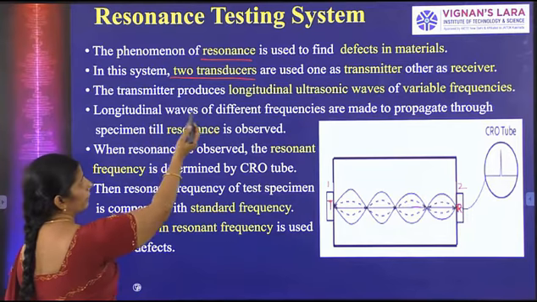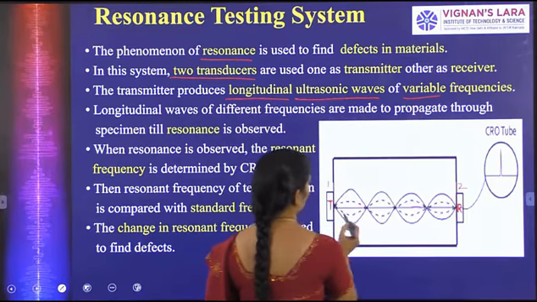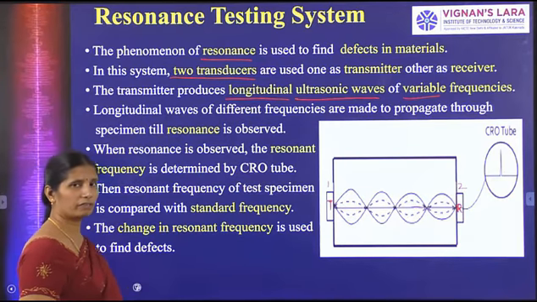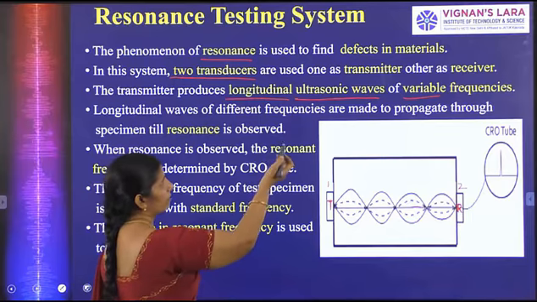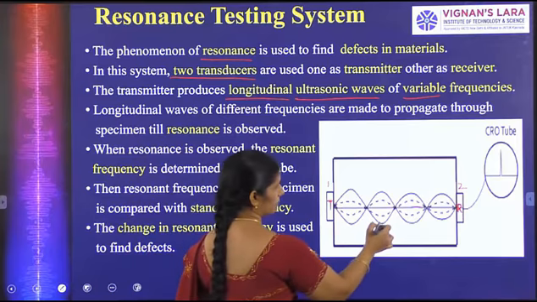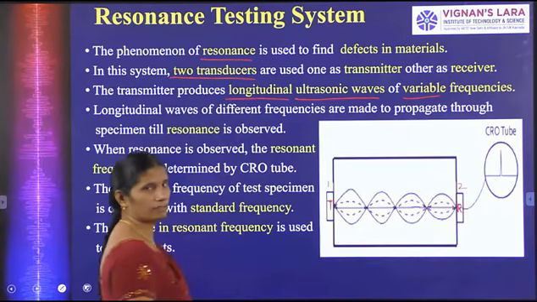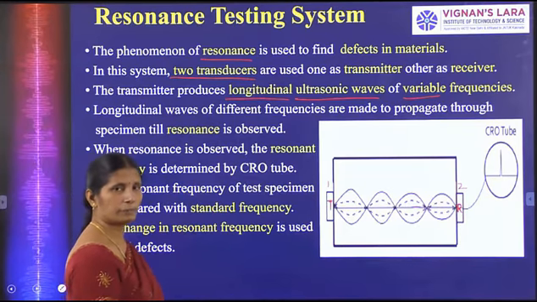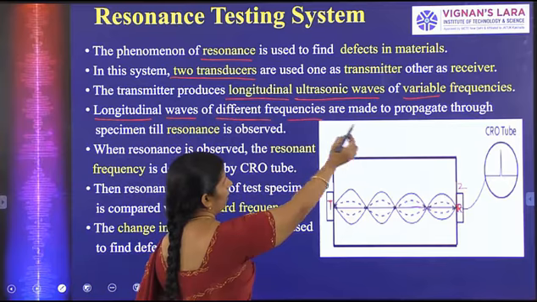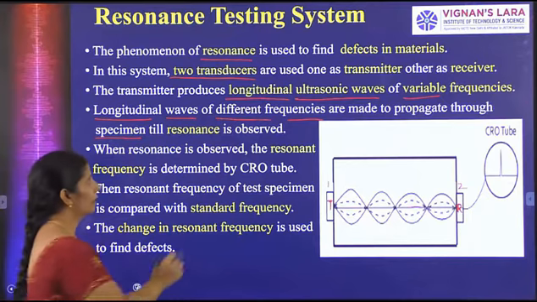The transmitter produces longitudinal ultrasonic waves of variable frequencies, of different frequencies. They are passed through the testing specimen. Longitudinal waves of different frequencies are made to propagate through the specimen till resonance is observed.